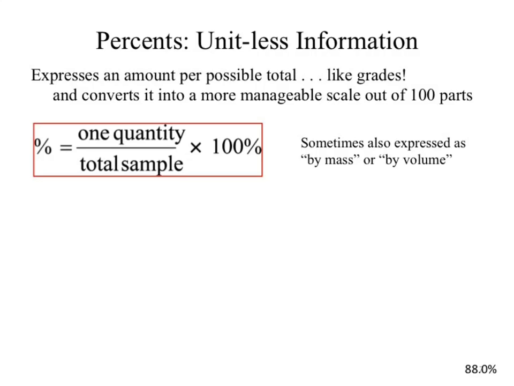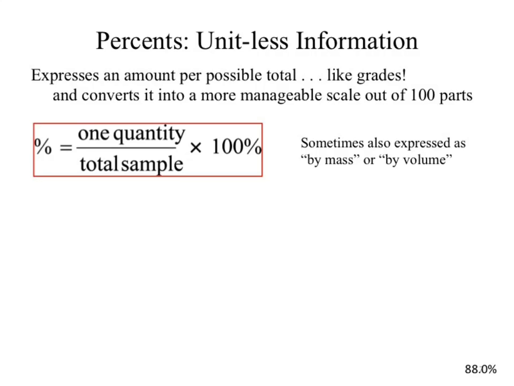I really don't like dealing with percents, but percents are really an example of unitless information. Percent literally means division by 100. So we're looking out of 100 parts. That's kind of the point of a percent. So if we looked at grades, if you got an A, more than likely, what's your percentage? Greater than 90%. You got 90 points out of 100.